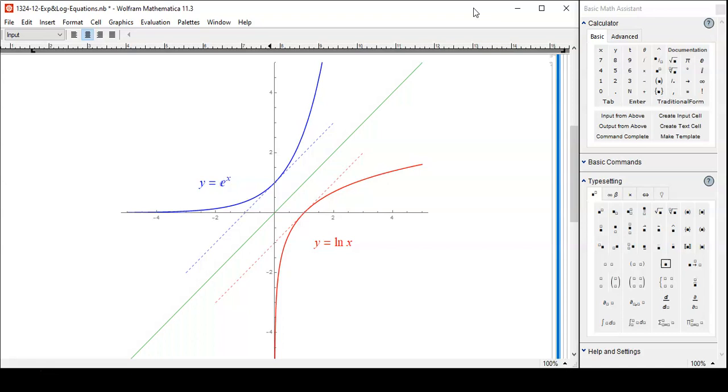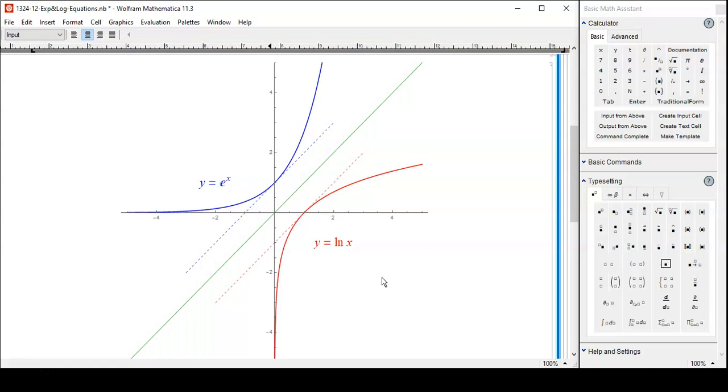Moreover, let's pay attention to these dotted lines. At the intercepts, (0, 1) and (1, 0), the slope is 1. That's why the slope of the tangent line here is 1 and also 1, and that green line has slope 1, so they're all parallel. Do you see the parallel behavior?